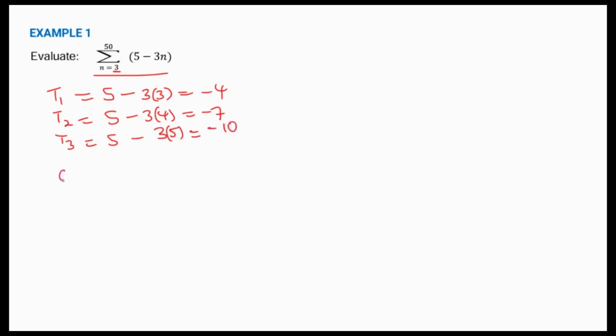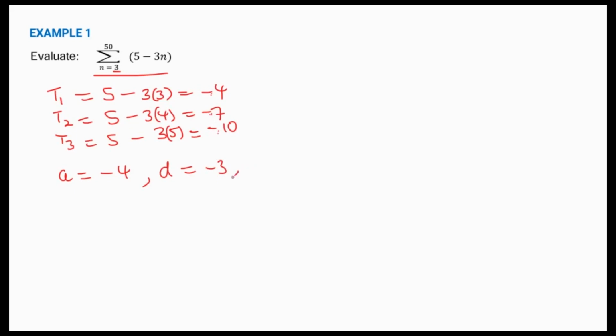Now it means our first term is equal to negative 4, and then our common difference will be negative 7 minus negative 4, that is negative 3. Even if you say negative 10 minus negative 7, that will be negative 3. It's like negative 10 plus 7.